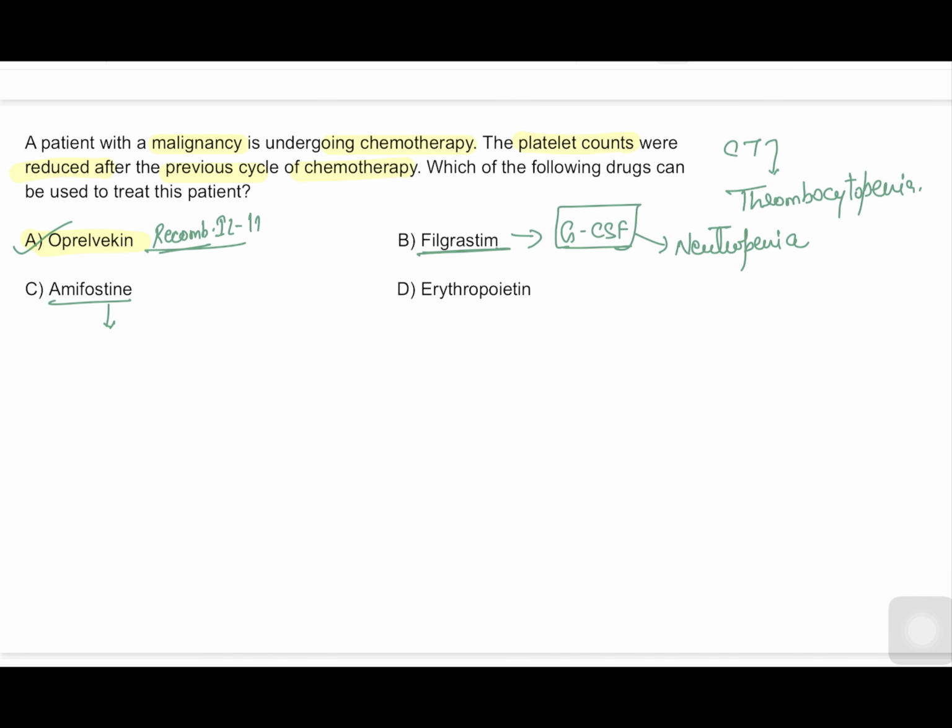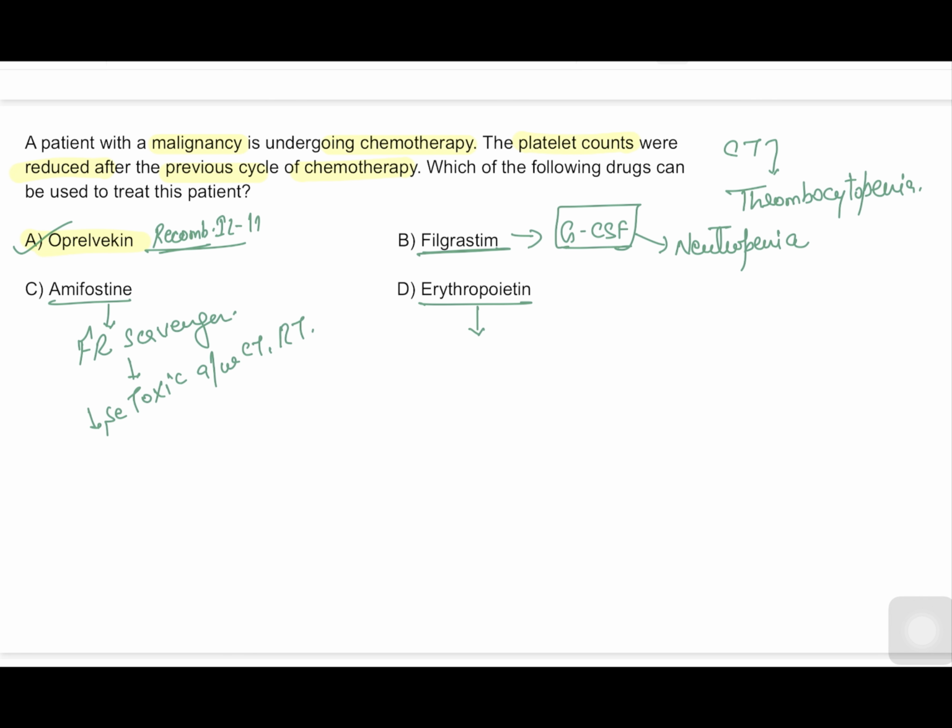Why not amifostine? Amifostine is a free radical scavenger. It will scavenge or remove all the free radicals. So it is used to decrease the toxic effect associated with chemotherapy and radiotherapy. So simply I can say it will protect non-malignant cells from radiotherapy or chemotherapy.